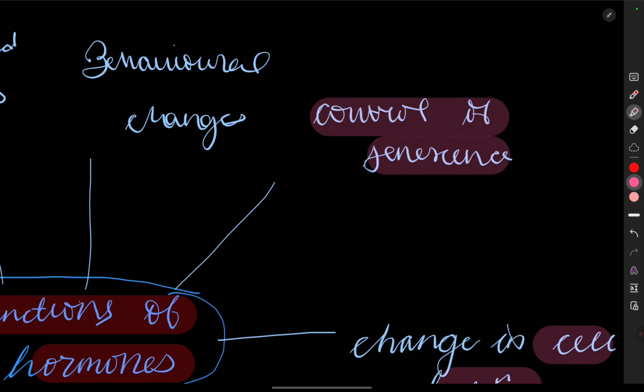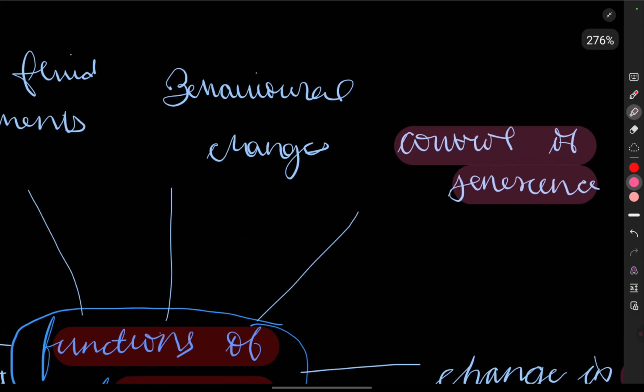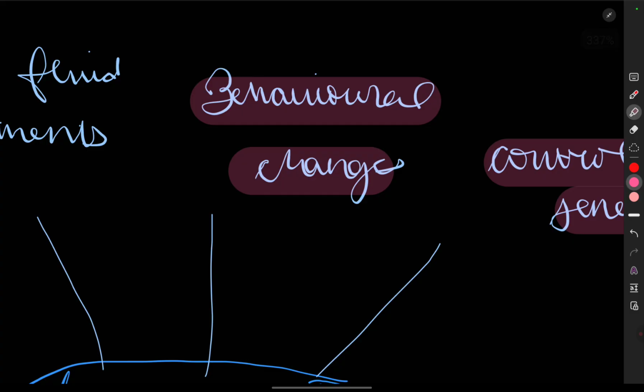If a person is aging, it depends on the hormones: puberty, adolescence, and then old age are all controlled by hormones. Then behavioral changes. For example, mood swings occurring during the menstrual cycle due to a drop in estrogen levels.